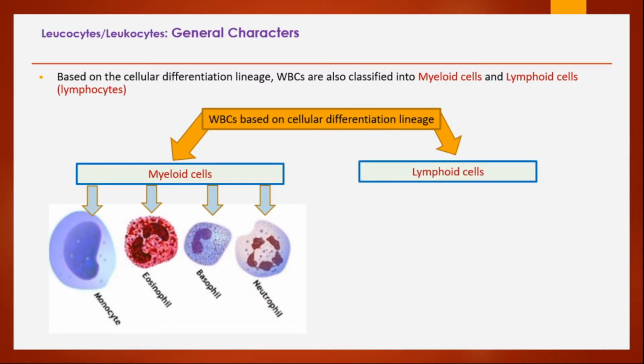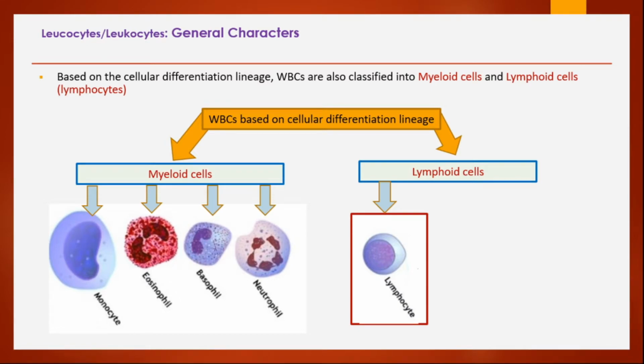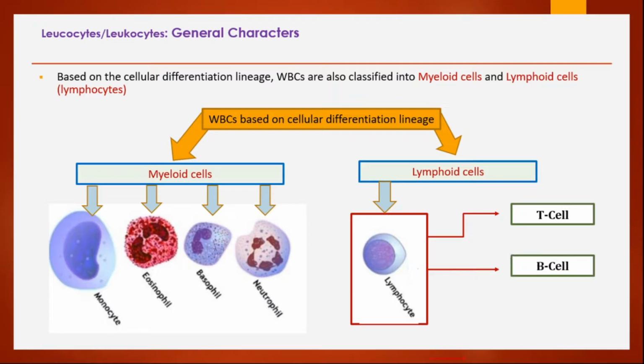The second lineage is lymphoid cells, which are formed from lymphoblasts of the bone marrow, from which lymphocytes are formed. Later, lymphocytes are differentiated into T cell, B cell, and NK cell. These cells are responsible for either cell-mediated immunity or humoral, also known as antibody-mediated, immunity.